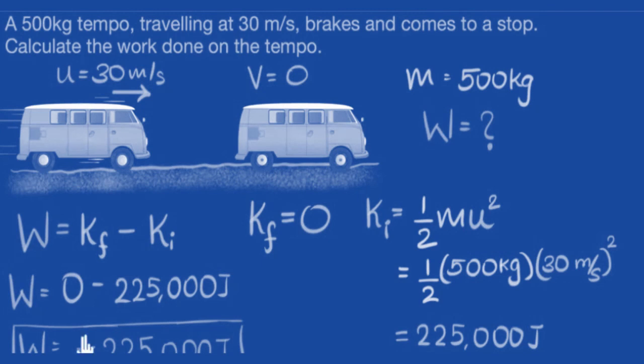Remember, work done represents how much kinetic energy gets added, but this time the kinetic energy was removed. The negative sign is saying that kinetic energy is removed. So by definition, this is the work done on the tempo.